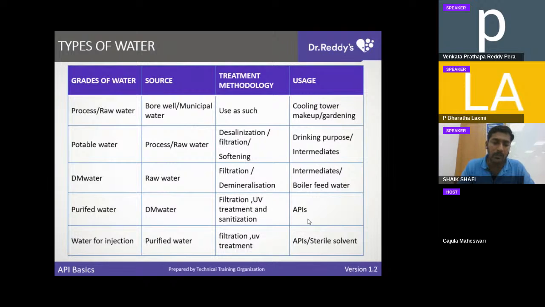Purified water is for API manufacturing, and water for injection is for the final API for sterile purposes. Basically, we take raw water and do different treatments: RO system, ultrafiltration, nanofiltration. From that we purify our water and use it in the process.